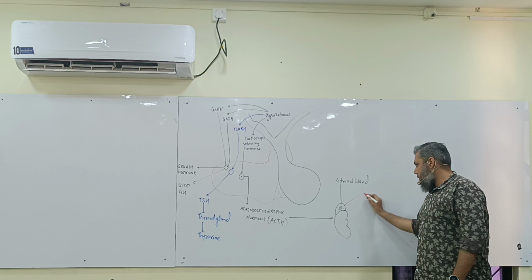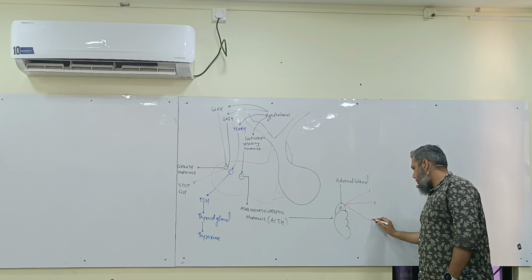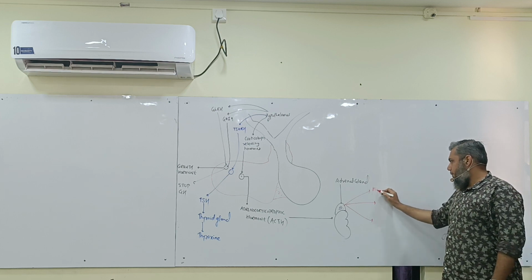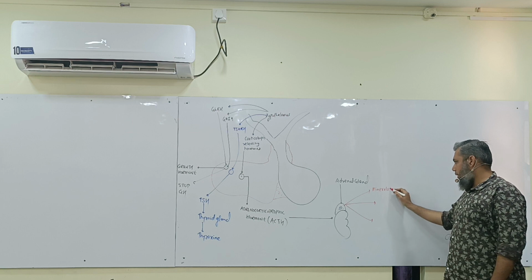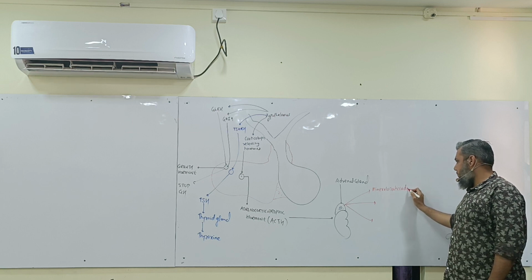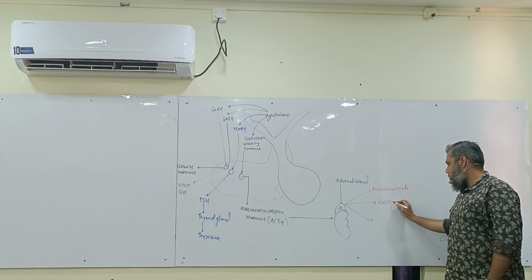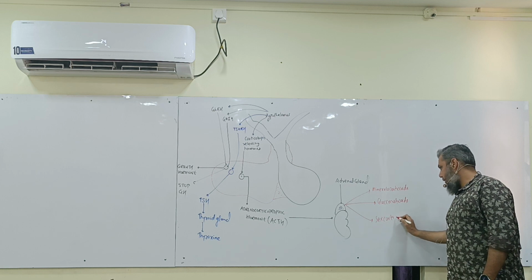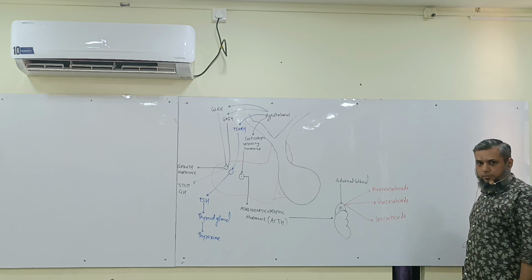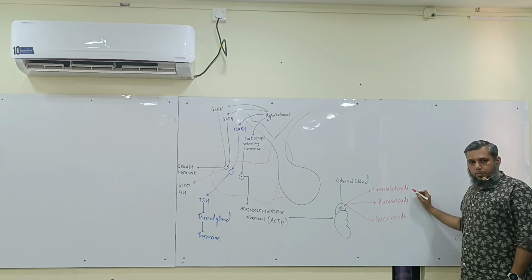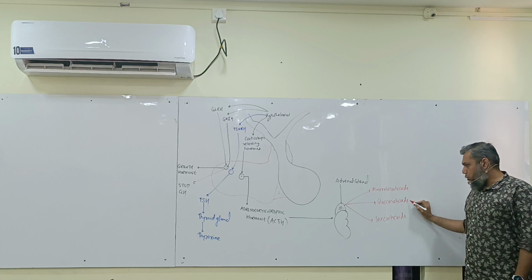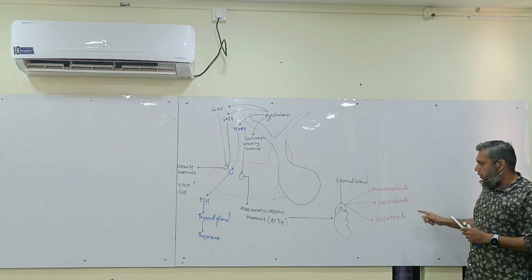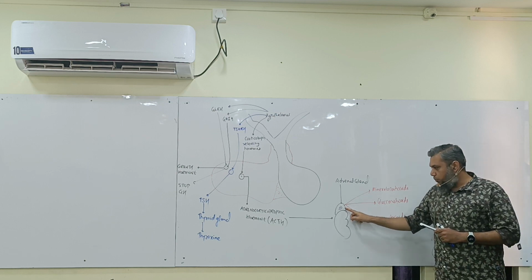Now the cortex secretes 3 hormones which are known as mineralocorticoids. Then you have glucocorticoids and the sex corticoids. Okay, all 3 are called as the hormones of the cortex.